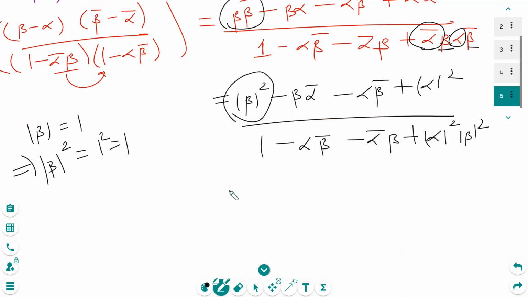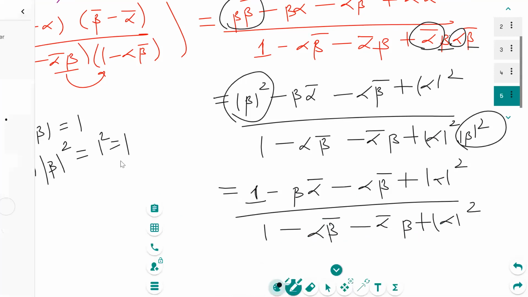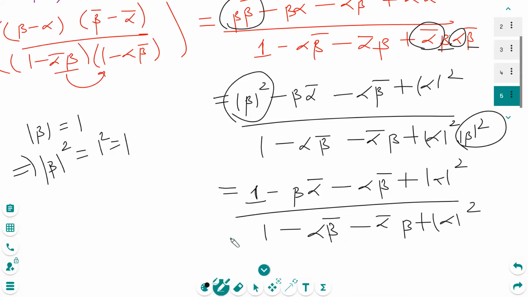So I can put 1 here. We can do nothing about the rest. Now just check, are the below part and the above part the same? Observe it carefully. The numerator and denominator are exactly the same, so this can be cancelled out and we will get 1.